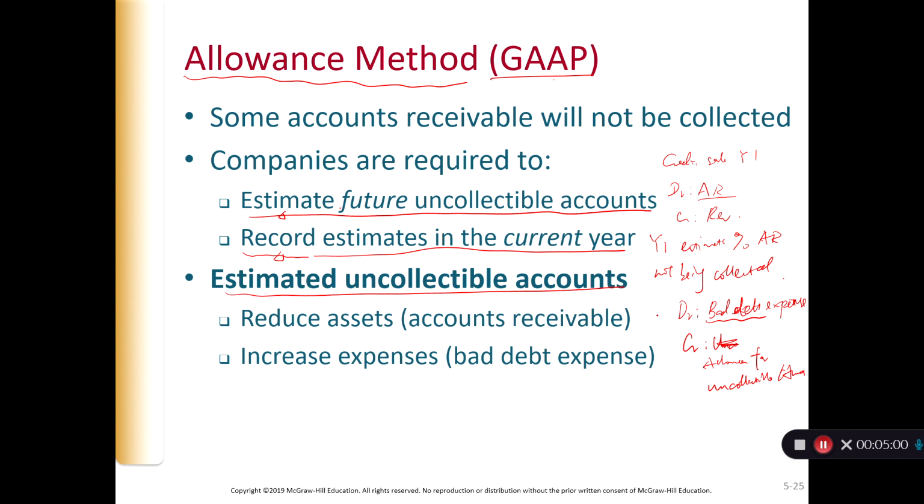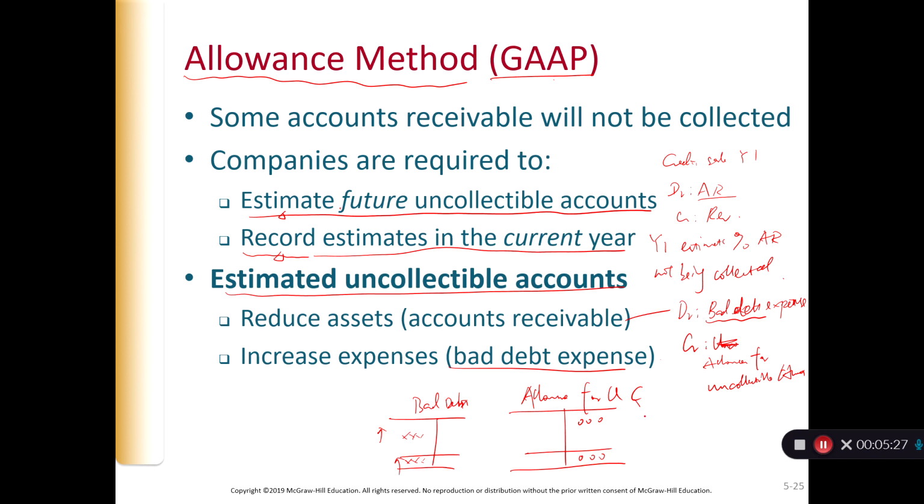So by doing that, you are increasing bad debt expense by debiting bad debt expense this amount, so you are increasing the balance. At the same time, you will record allowance for uncollectible accounts on the credit side.